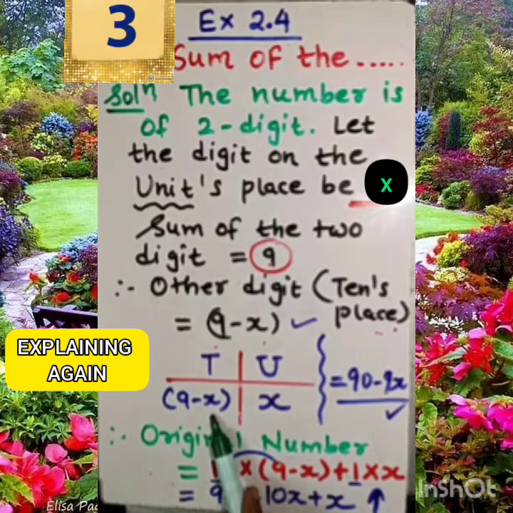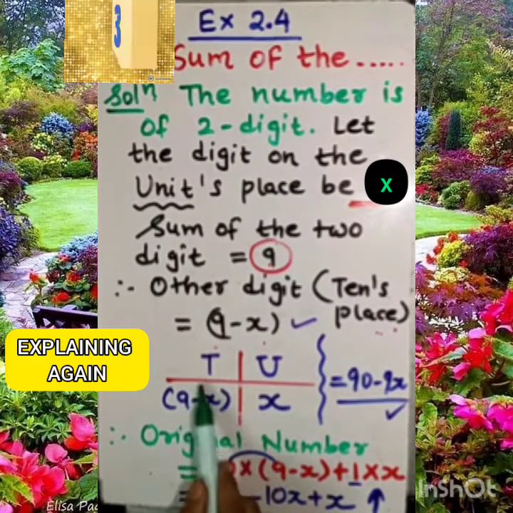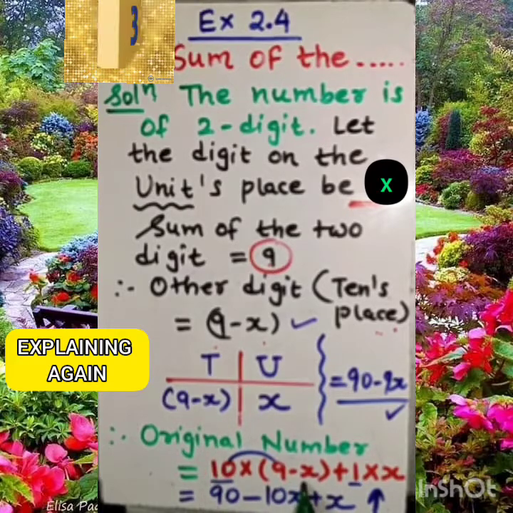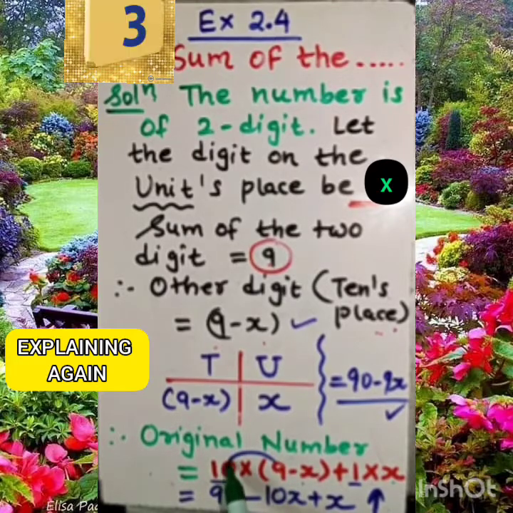Okay. So dear student, here 9 minus x is the tens place digit, so it will be multiplied by 10. So here we have 10 into (9 minus x), plus 1 into x. Let's simplify: 10 into 9 is 90, minus 10x, and x into 1 is x.